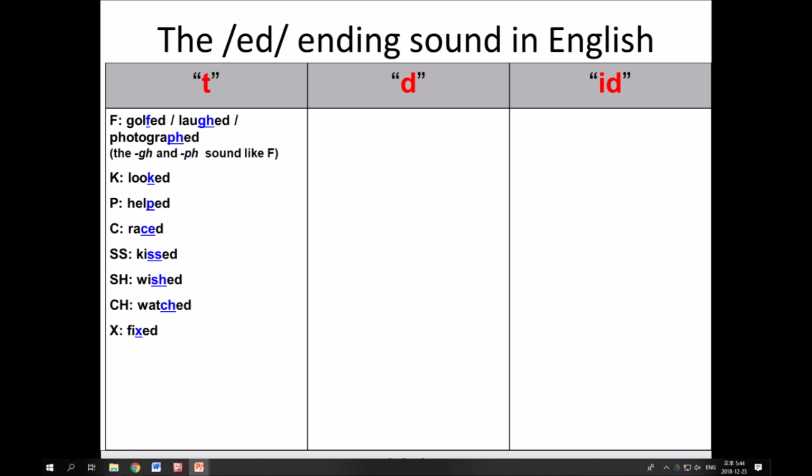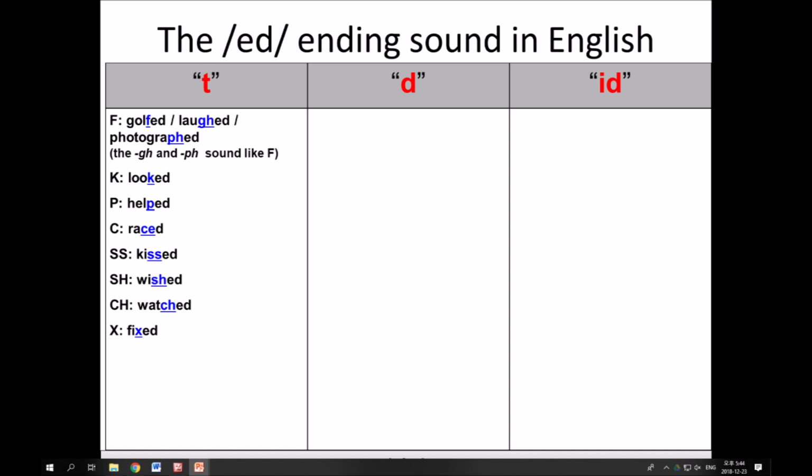That's the T pronunciation of the ED ending sound there. And for C, raced. All right, and the double S sound, kissed, wished, and CH, watched, and X, fixed.